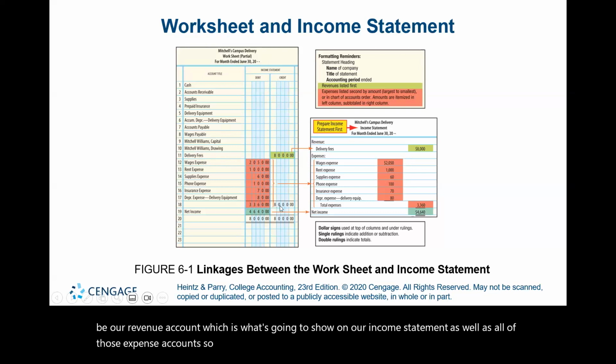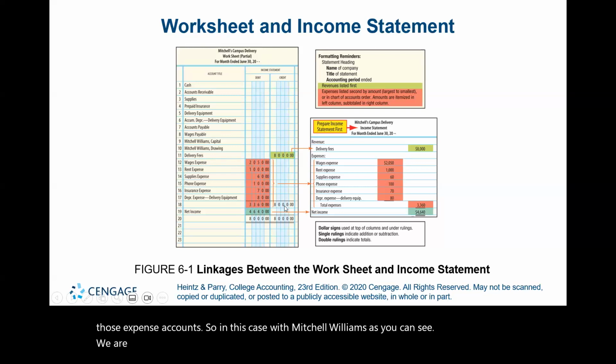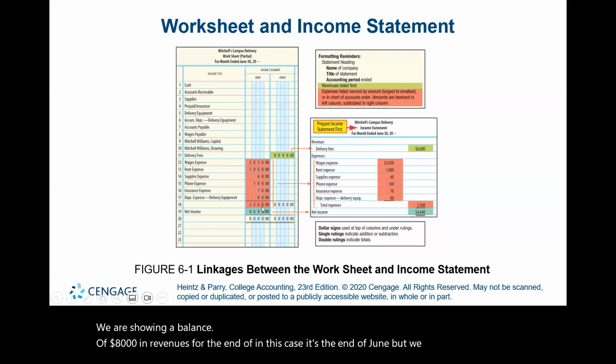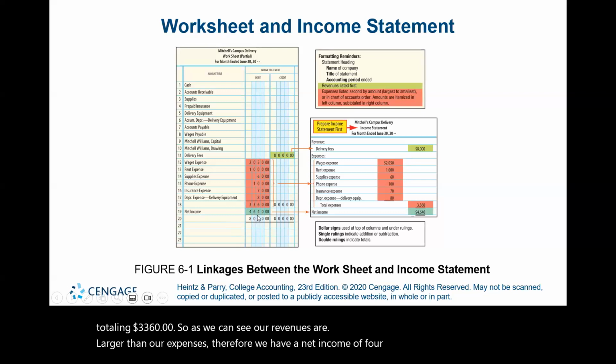In this case with Mitchell Williams, we are showing a balance of $8,000 in revenues for the end of June. But we show expenses totaling $3,300. So as we can see, our revenues are larger than our expenses. Therefore, we have a net income of $4,640 for the end of the period in this case.